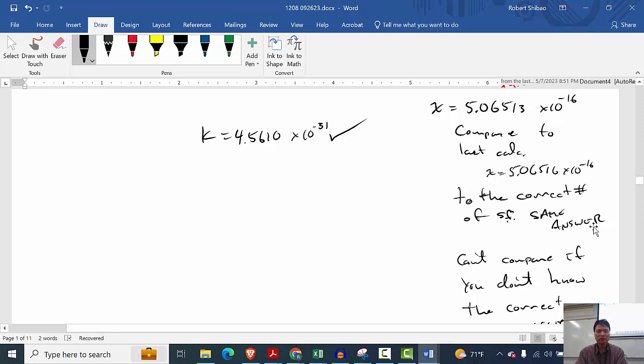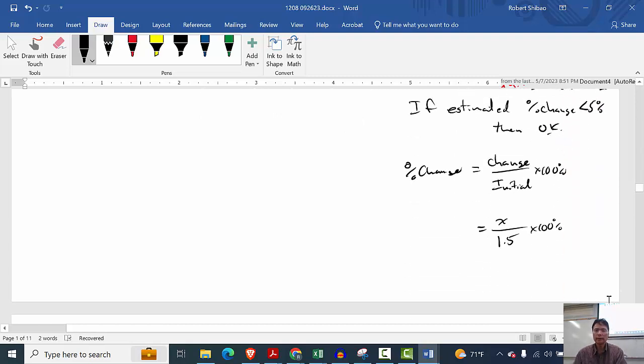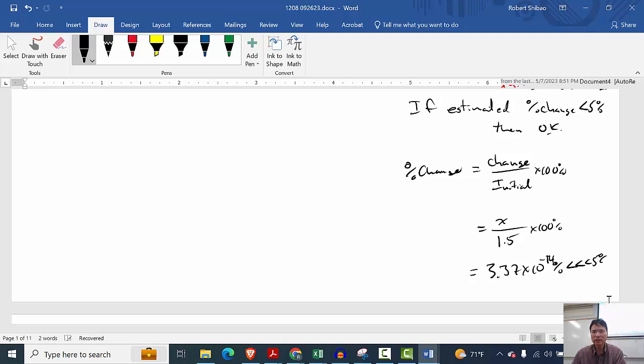I'll just carry 4 digits. 5.065 times 10 to the negative 16 divided by 1.5 times 100. And our percent change came out to 3.37 times 10 to the minus 14%, which is much, much, much smaller than 5%. And so our simplifying assumption worked out well in this case. If the simplifying assumption grows bigger and bigger, then our percent error, we have to worry about that because we're going to get further and further off.